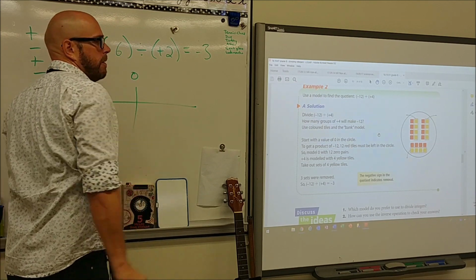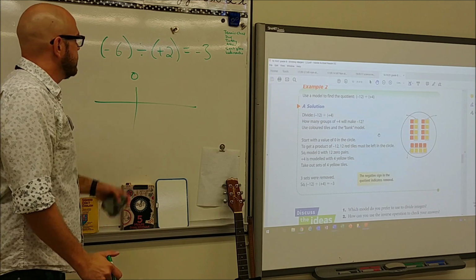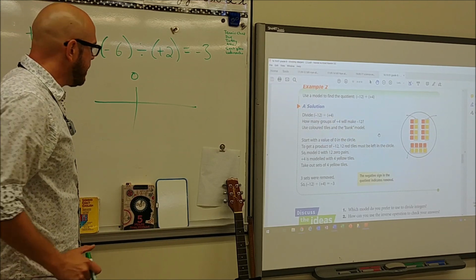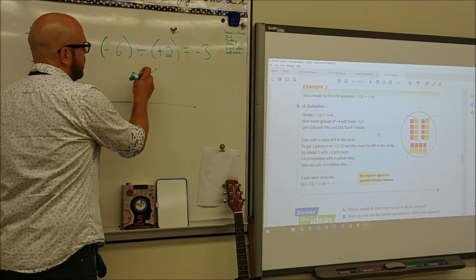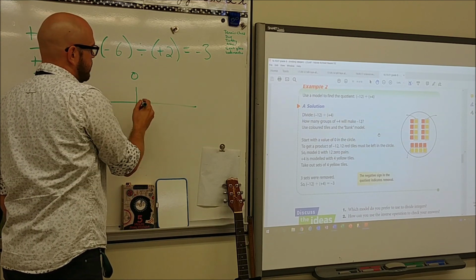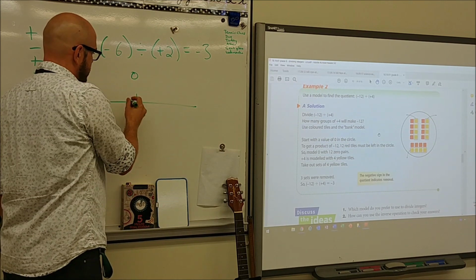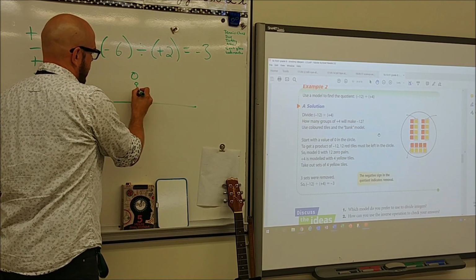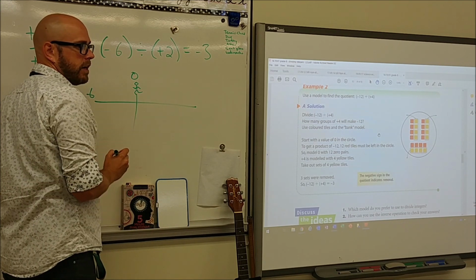Okay, so real quick, if I'm doing it this way, and I wanted negative 6 divided by positive 2, I'm going to get to negative 6. And I'm going to divide it by positive 2s. So if it's positive, which way am I facing? I'm facing this way. So I'm going to face this way. He's running this way.